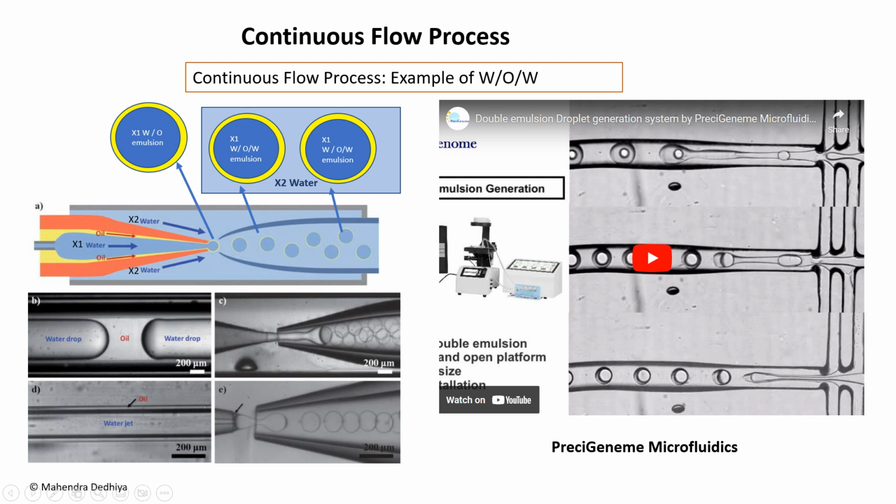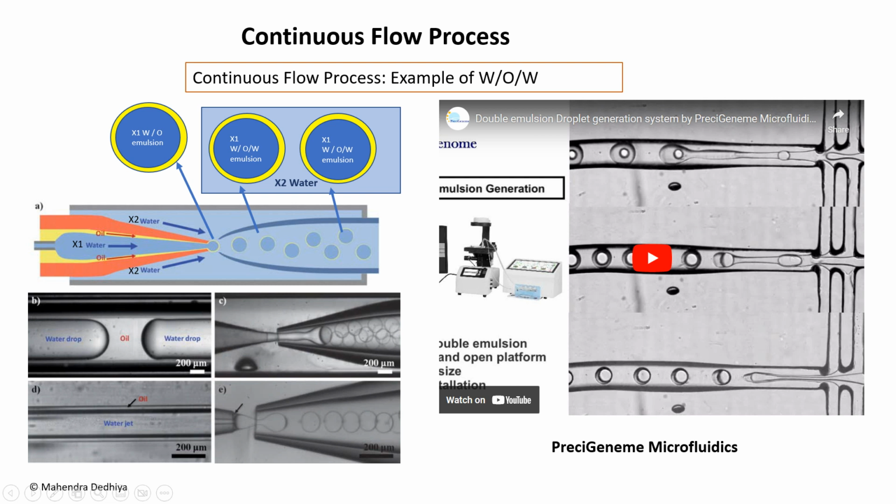In the two-step process, one can get multiple inner core materials, such as either water or oil, incorporated into a shell. In the continuous flow process, a single water core is injected into an oil stream and it forms the X1 water and oil emulsion.